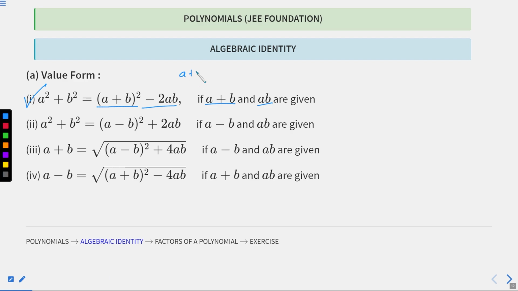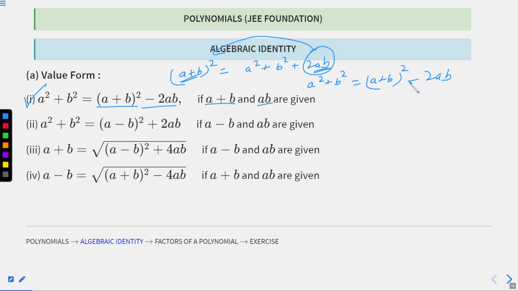You previously saw that (a + b)² = a² + b² + 2ab. If the sum and the product are given, then we use this form. I just took the term from the right hand side to the left hand side, so the sign gets changed. Here it is plus, and after moving to the other side it becomes minus.